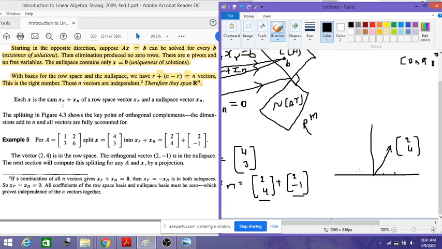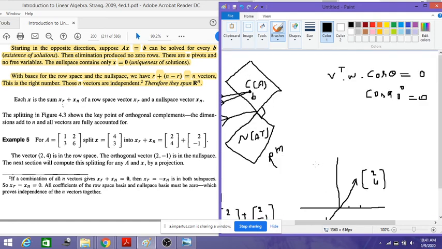Then if I take (2, -1), I'll get something like this. Now this doesn't form a perpendicular, it goes in a different phase.